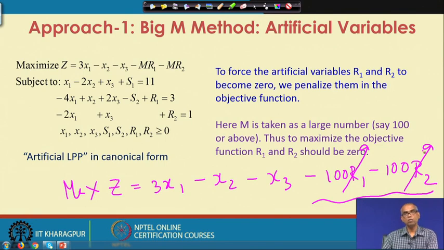So, if I solve a linear programming problem with this objective function, I expect that at the final solution I will get R1 and R2 equal to 0, and then that will be a solution to the original linear programming problem.